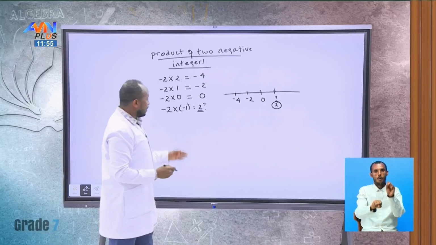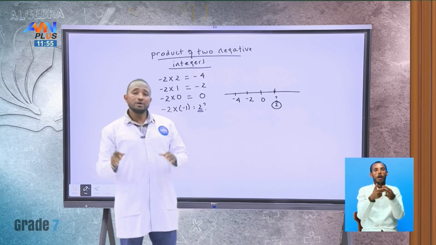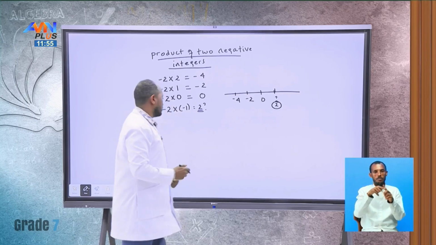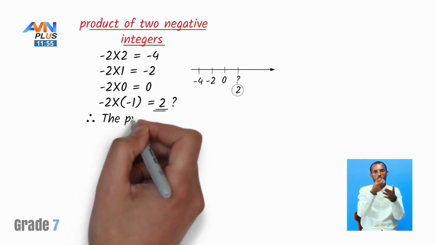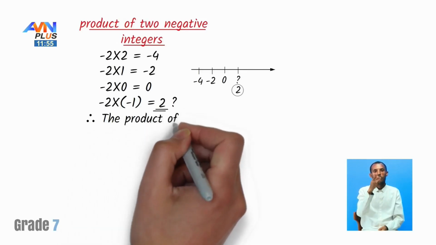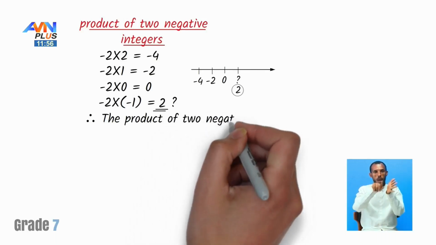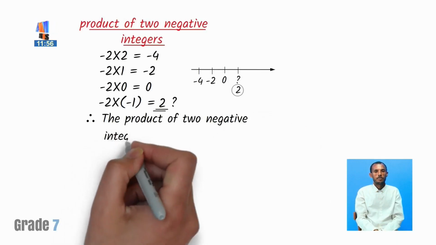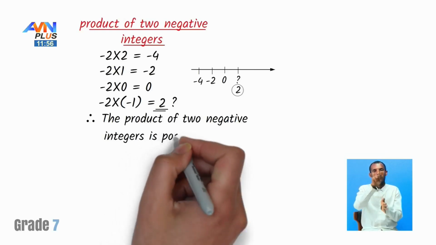So, following this, we can conclude that the product of two negative integers is always positive. Therefore, the product of two negative integers is positive.